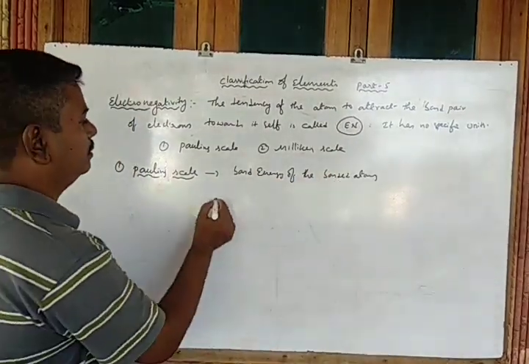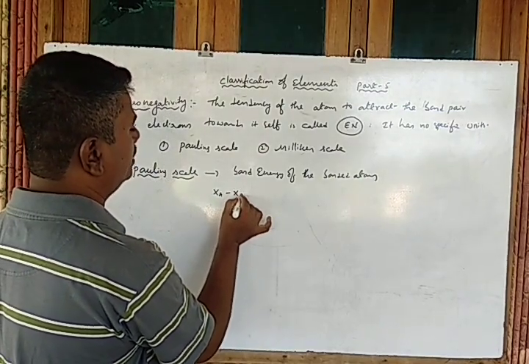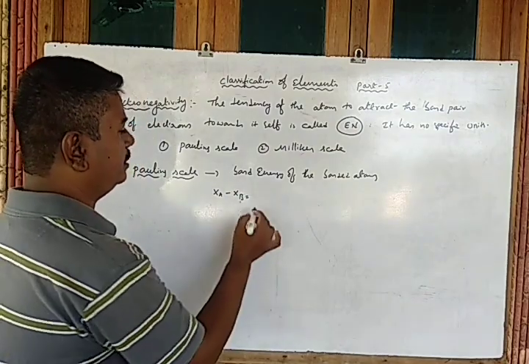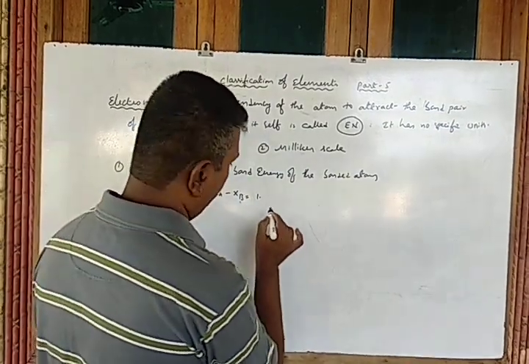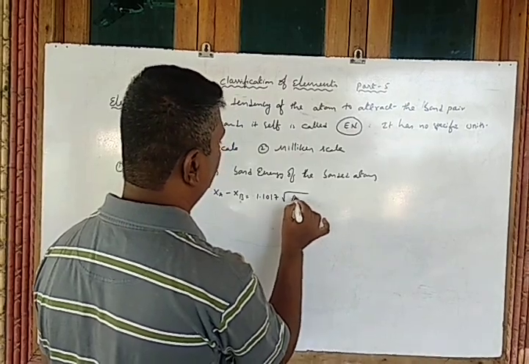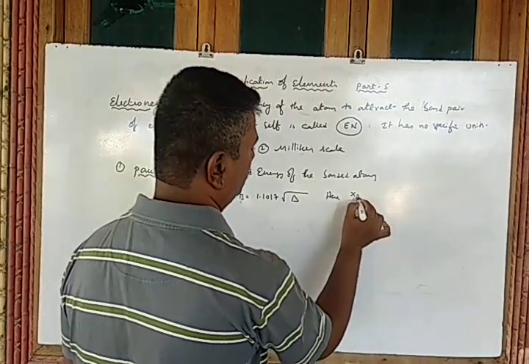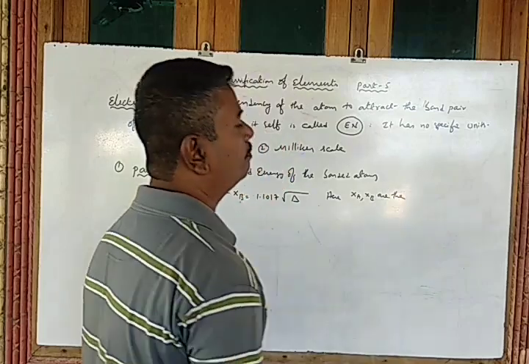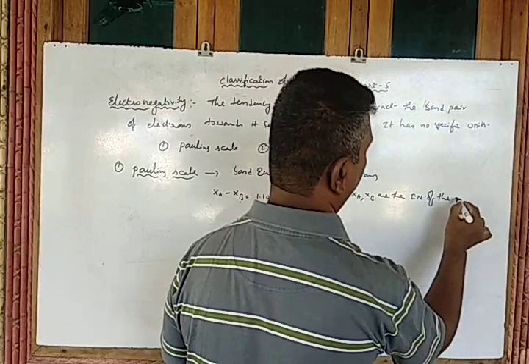So here the electronegativity difference of two elements is defined as the product of 1.017 into delta. Here XA, XB are the electronegativities of the elements.